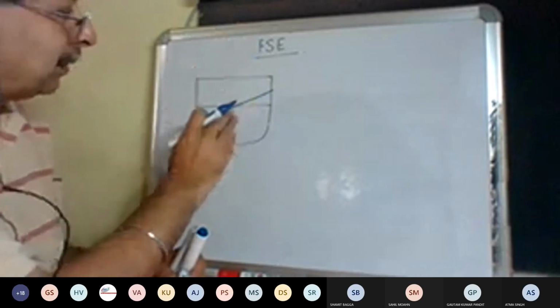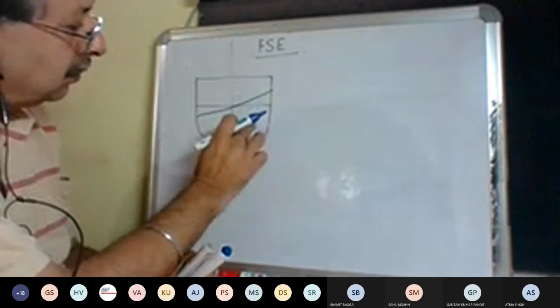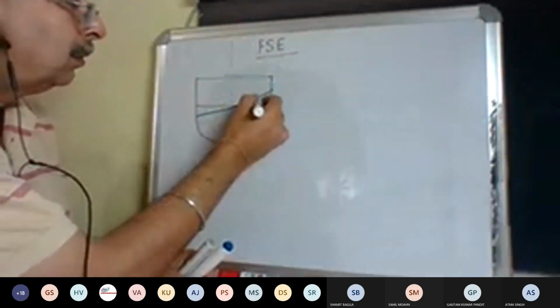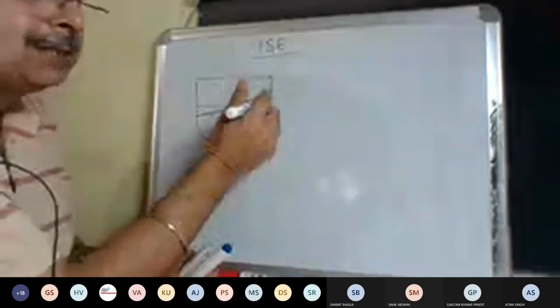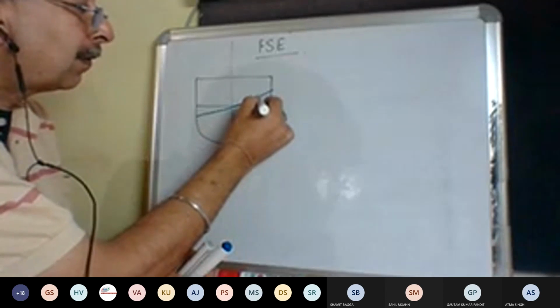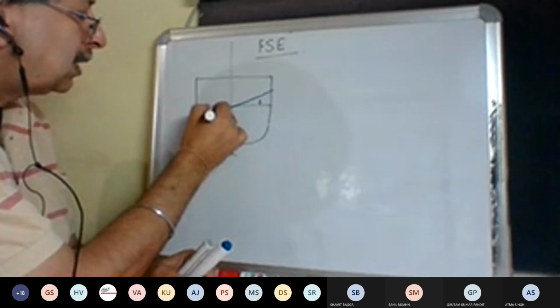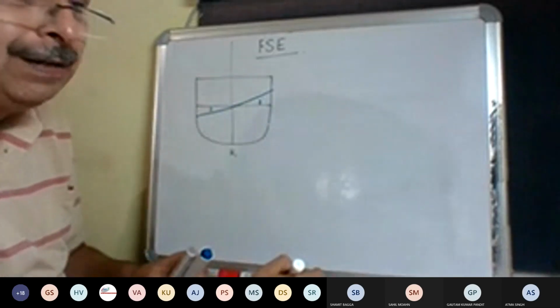The G of the vessel will go up on the starboard side by this much distance, and on this side it will decrease by this much distance vertically.